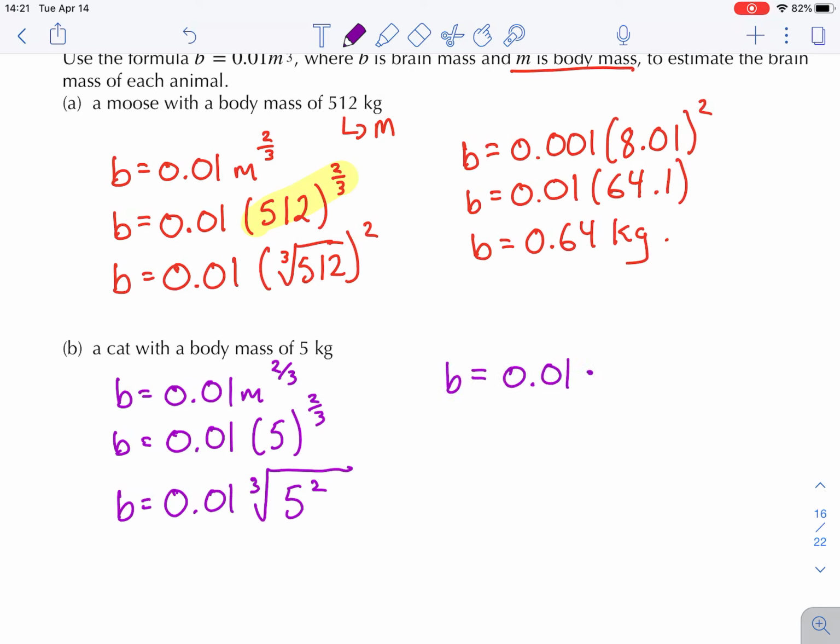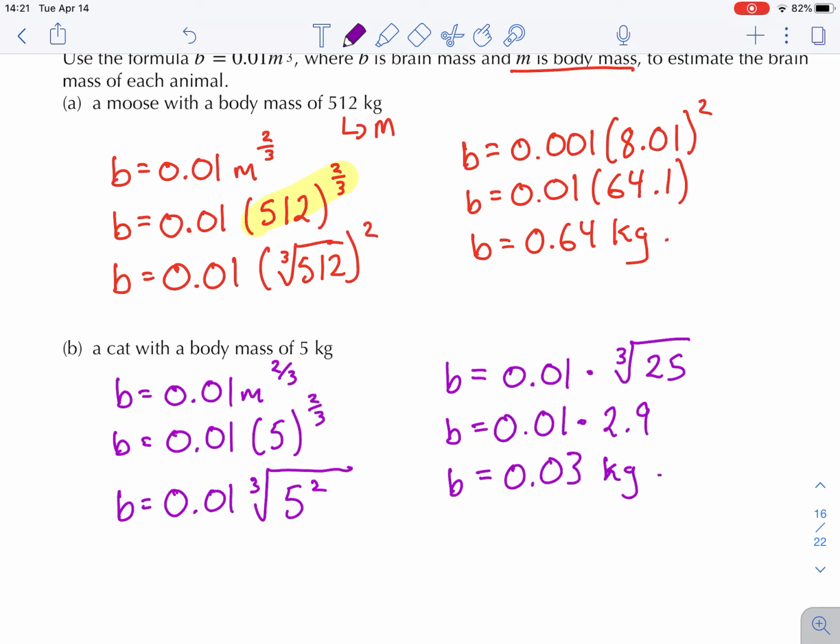So b is going to be equal to 0.01 times the cube root of 25. So I put that in my calculator. It's 2.9, and I multiply it. 0.029, which rounds to 0.03 kilograms.